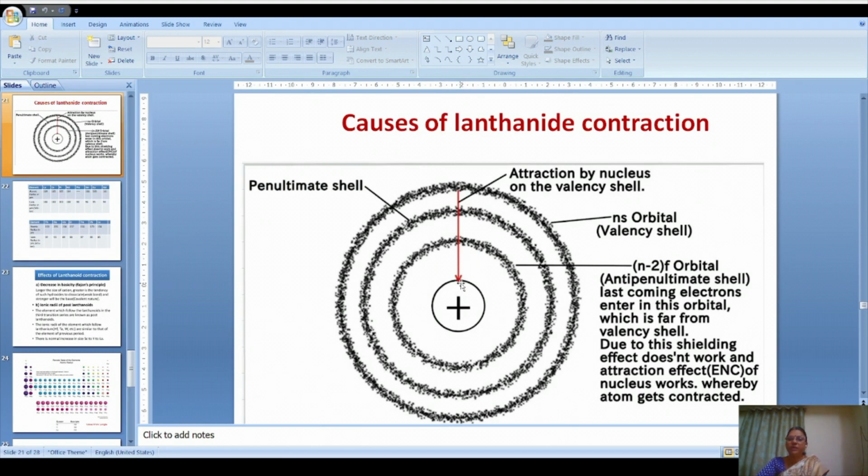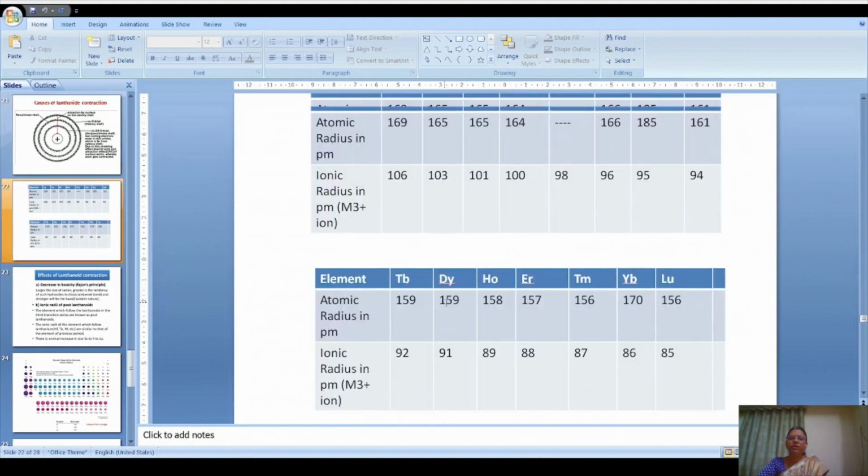Because of that, the shielding effect is not working, and attraction increases because of the decreased distance of the 4f shell from the nucleus, and because of that the outer electrons are pulled inward and size goes on decreasing. We observe the lanthanide contraction.